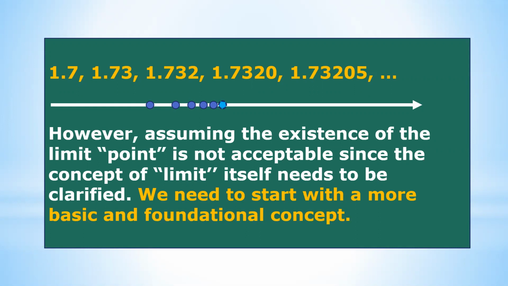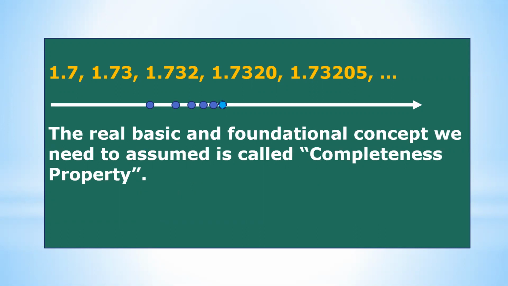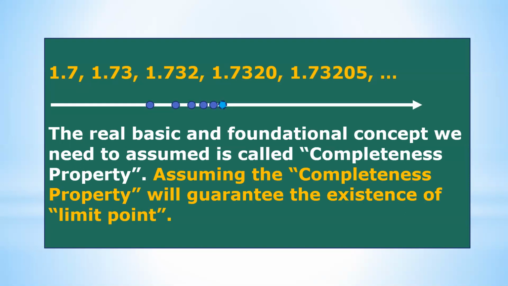This is what we're going to talk about today, the first concept in chapter 1. This fundamental concept we need to assume is called the completeness property of the real numbers. This completeness property is the assumption we need to make before we can develop the theory.